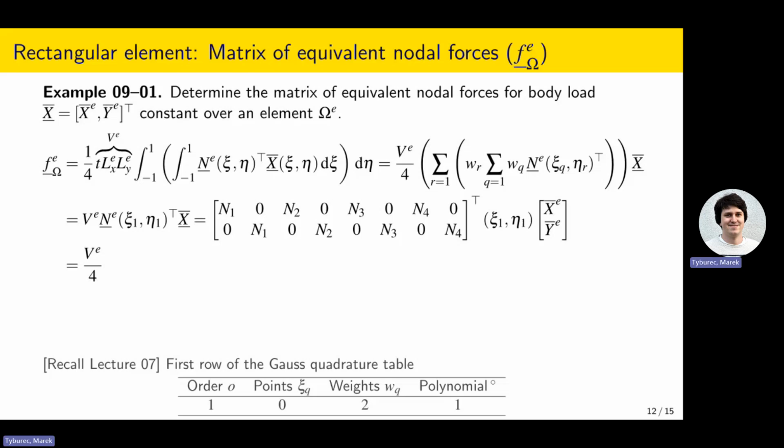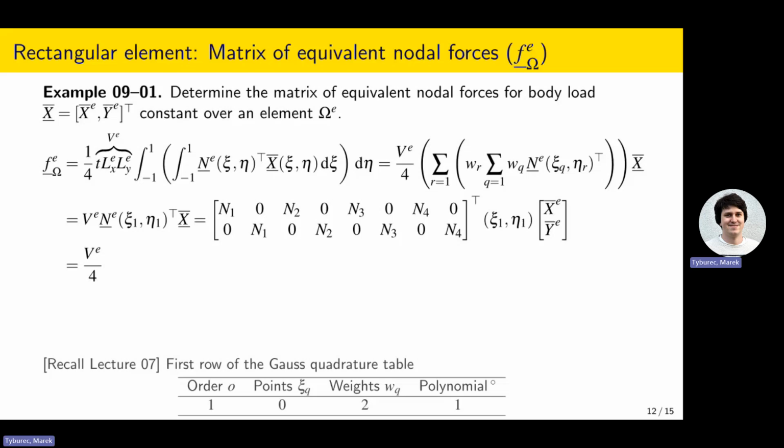It might seem to be complicated, but it's not really complicated. To simplify it a bit, we have only one point. So psi and eta are both equal, and there's a way to figure that out: all the points are 0 and all the weights are 2.